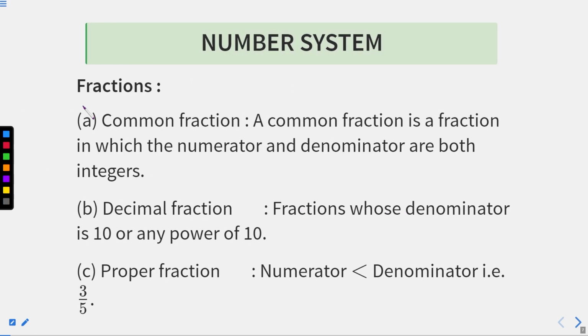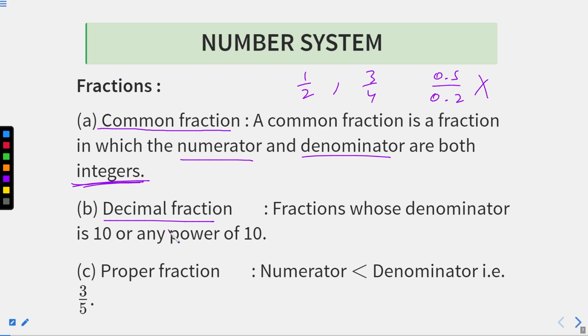Now we come to the types of fractions. First we see the common fraction. A common fraction is a fraction in which the numerator and the denominator are both integers. For example, 1 upon 2 is a common fraction, and 3 upon 4 is also a common fraction, but 0.5 upon 0.2 is not a common fraction. The numerator and denominator must be integers.